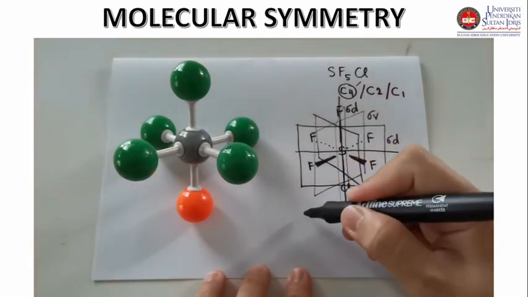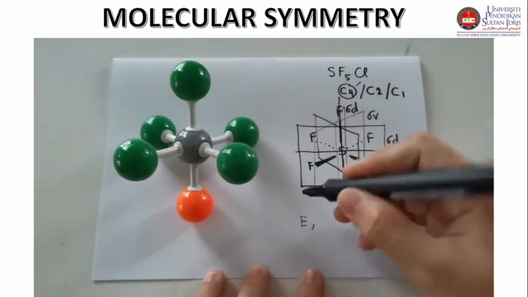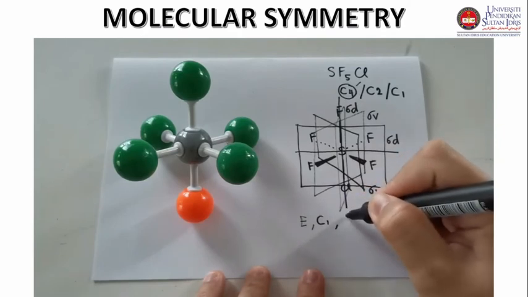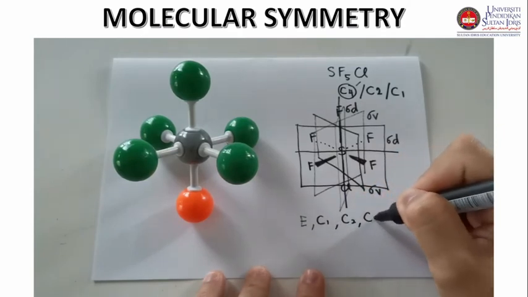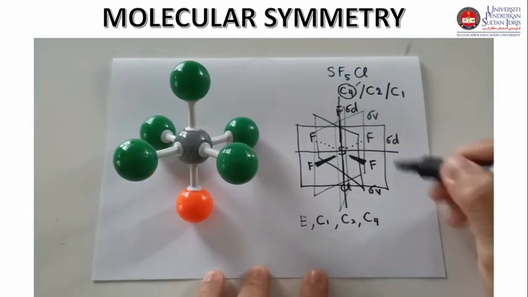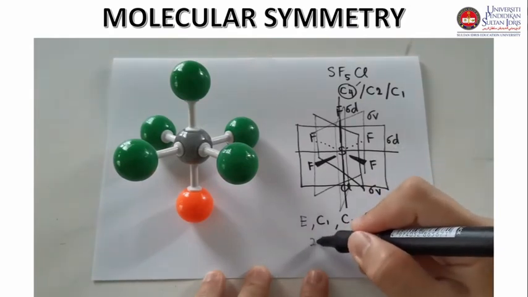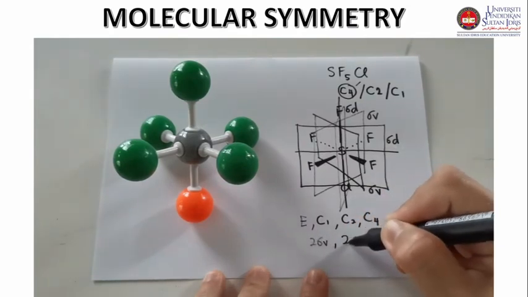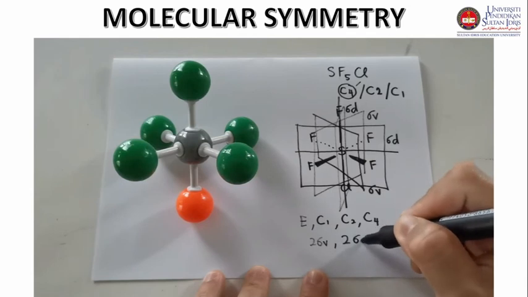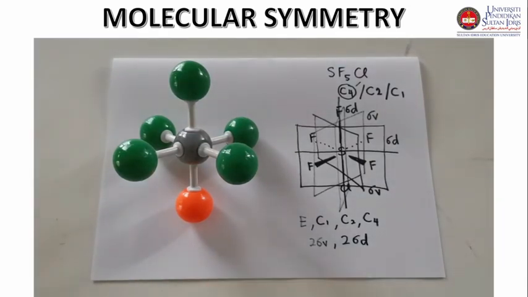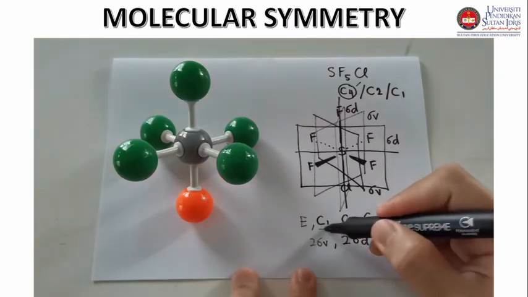So an improper axis does not exist, so the elements that exist are E, C1, C2, C4, 2 sigma v, and 2 sigma d, and it does not contain i or sigma h. So if there is a C4 axis, and the molecule does not contain an improper axis, the point group is not an improper point group.